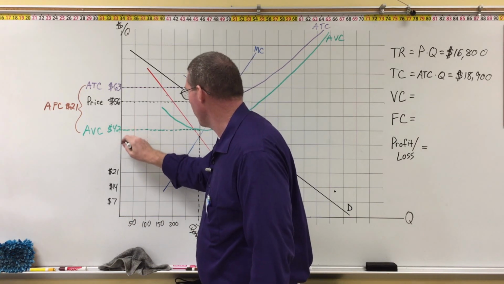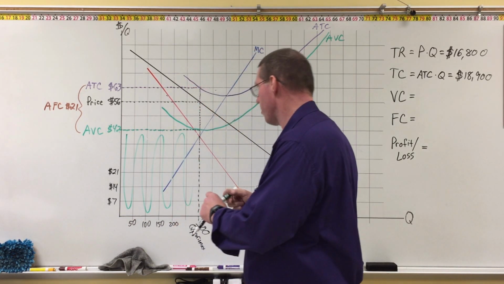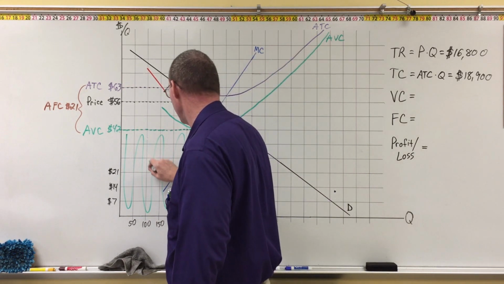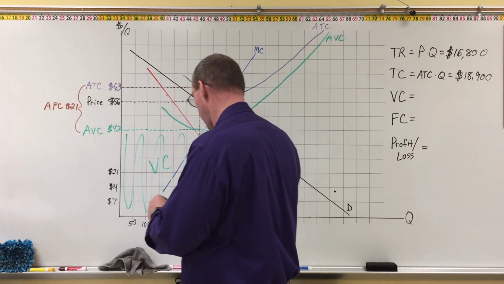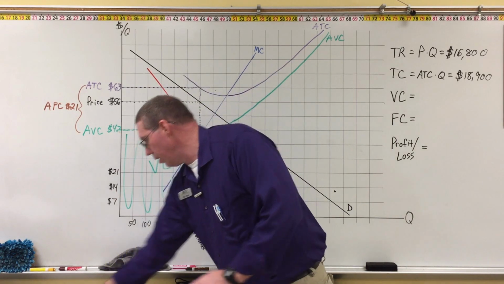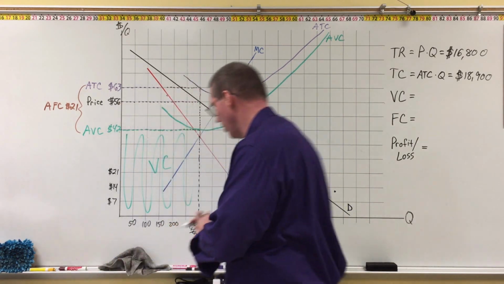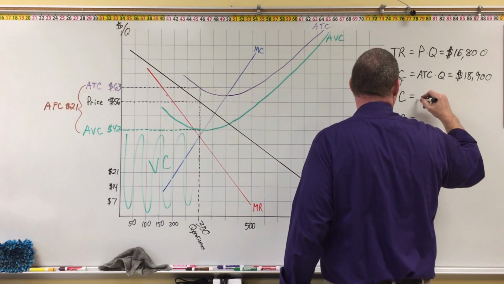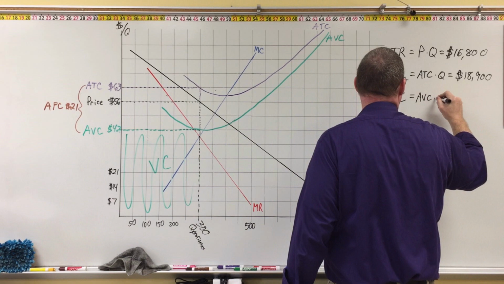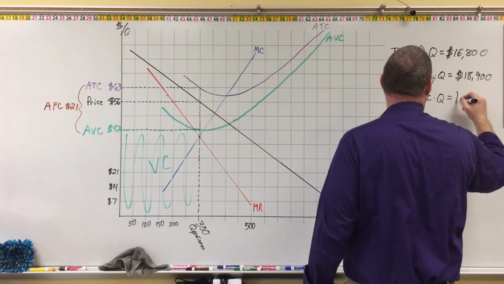So this region right in here is going to represent, sorry, not the average variable cost, but the variable cost. And 42 times 300 is 12,600. So we have average variable cost times quantity, which is 12,600.